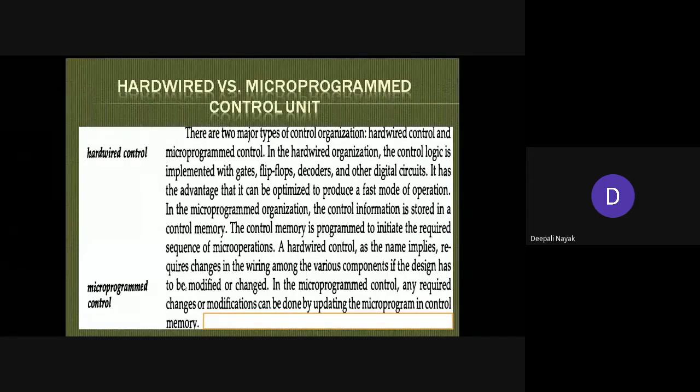The control memory is programmed to initiate the required sequence of micro operations. A hardwired control, as the name implies, requires changes in the wiring among the various components if the design has to be modified or changed. In the microprogrammed control, any required changes or modifications can be done by updating the microprogram in control memory.